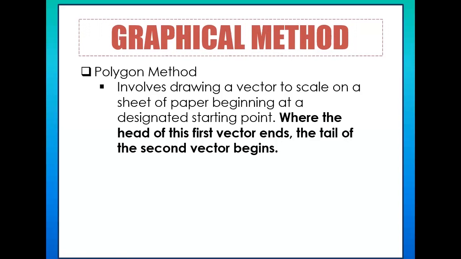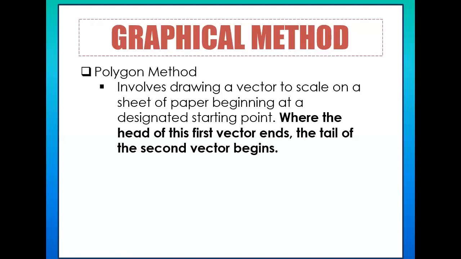After you measure that, because you're following a certain scale, that's the time you convert it into real units. In terms of direction, that's the time we use the protractor. Same thing here, you measure the angle counterclockwise, the angle of rotation from due east. That gives us the direction of the resultant vector.